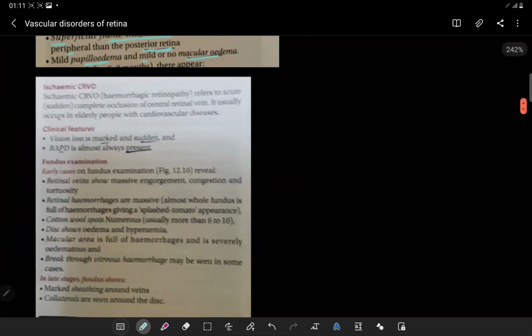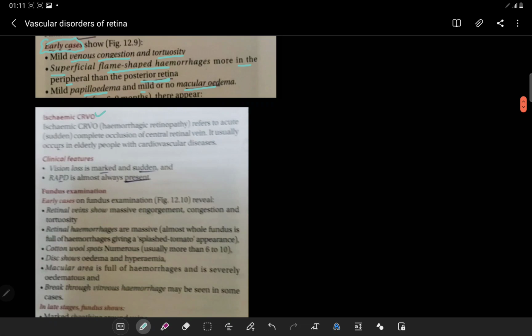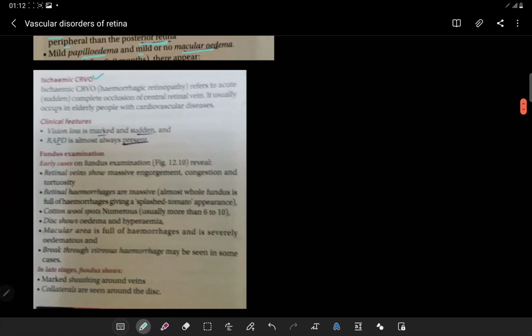Now let's start with the ischemic type of the CRVO. About 30% of cases of the non-ischemic can convert into the ischemic type, and the thing about ischemic is that it is dangerous. It causes marked, sudden visual loss, and RAPD is present. Ischemic CRVO, also known as hemorrhagic retinopathy, refers to acute, sudden, complete occlusion of the retinal vein.